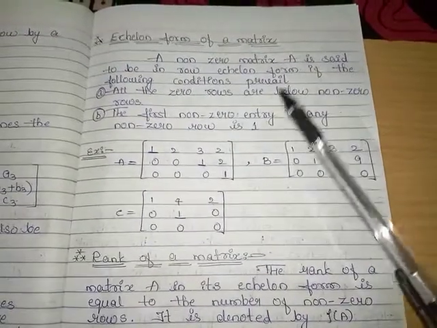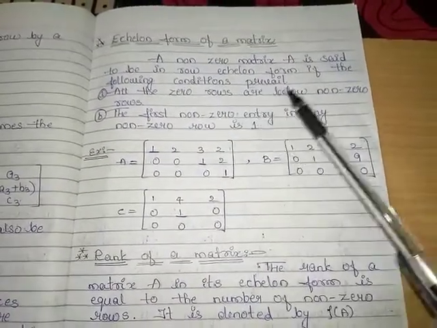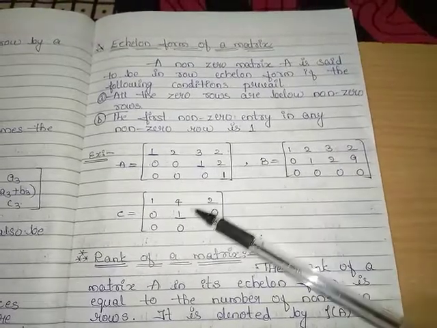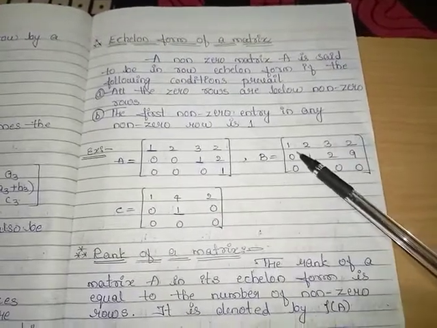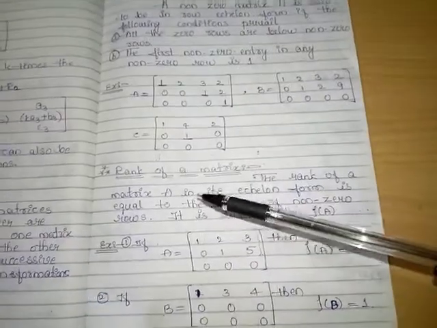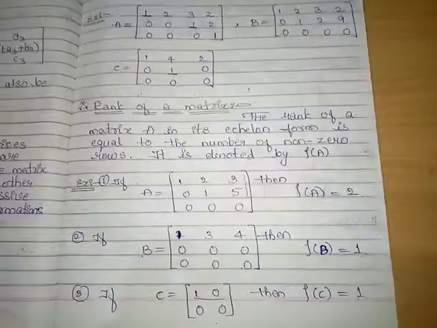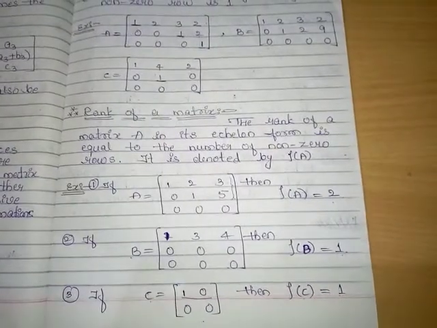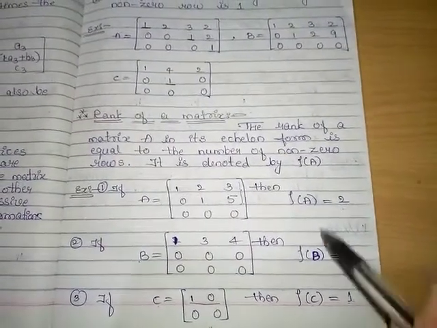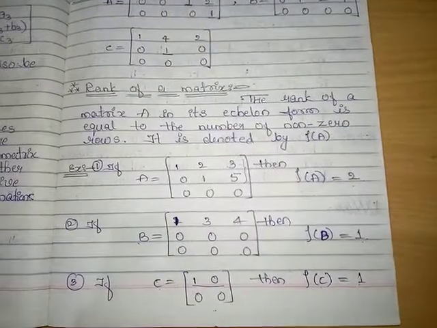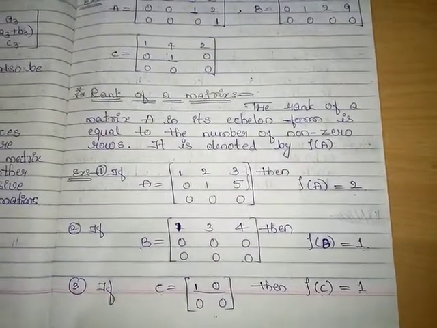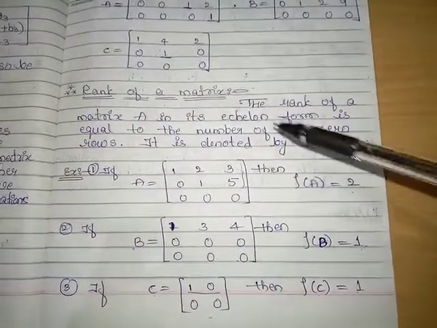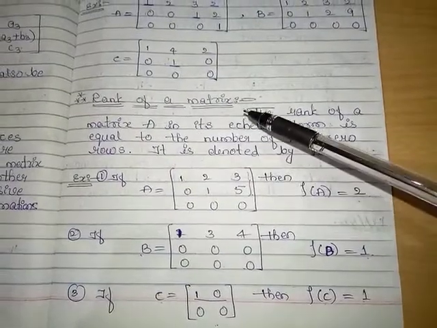We discussed the definition of echelon form of a matrix by comparing examples, and also what is the rank of a matrix and how to get the rank of a given matrix. Before going to the examples, once again I will explain this definition, that is the rank of a matrix.